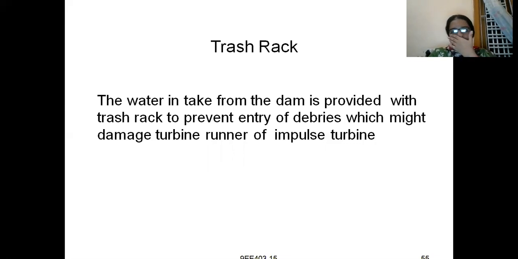Why? Because this is water, and we are getting water collected into the reservoir during the rainy season or whatever. From mountains or hills, wherever the river is flowing, from there we are getting water into the reservoir, or it may be rainwater also.